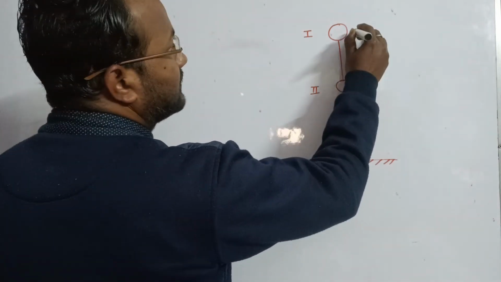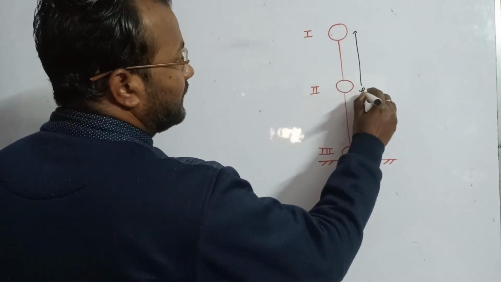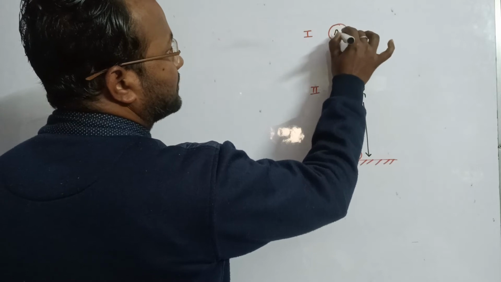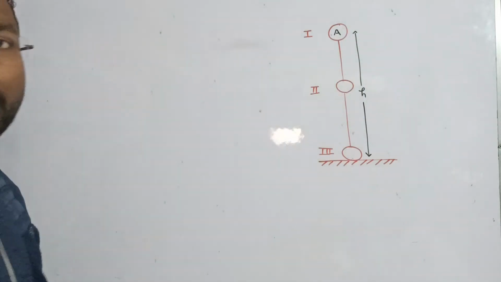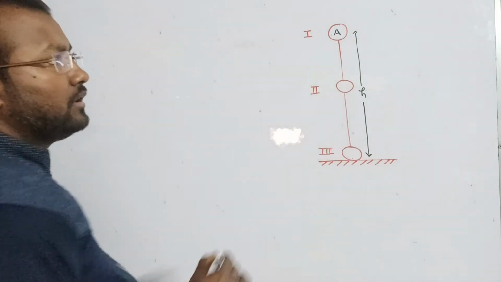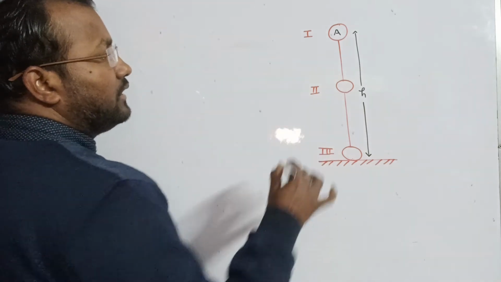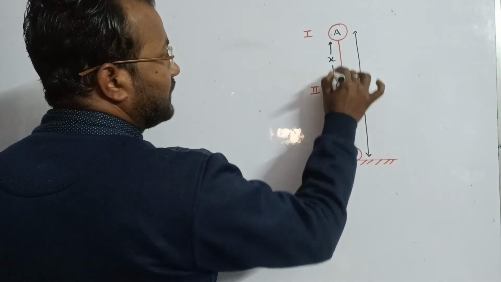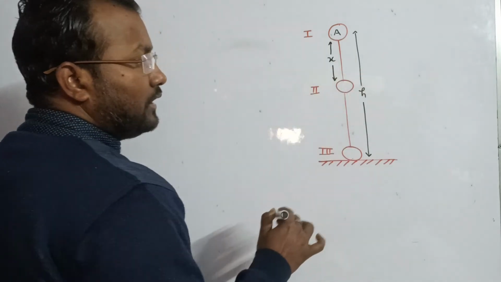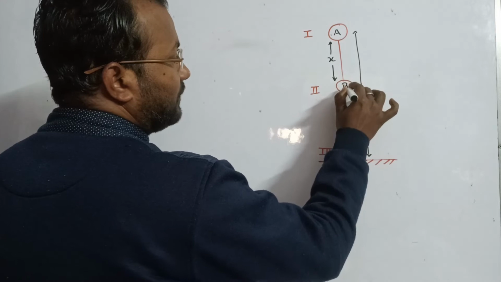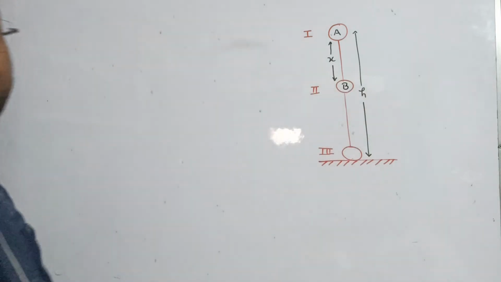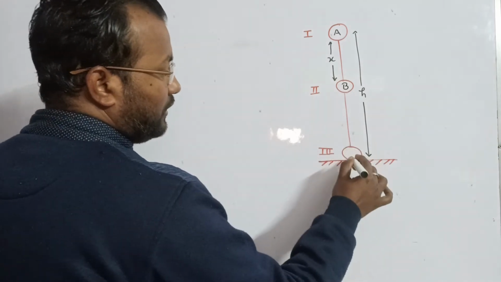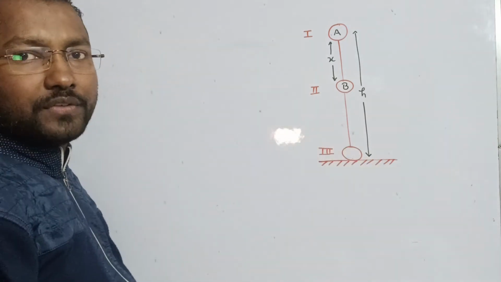Let us suppose it is height h, and in the first case the body was at position A. After an interval of time t, let us suppose this body has traveled a particular distance of x units, and this is situation B. Second, the location of the body is at B, and after some time interval the body has reached the surface of the ground.